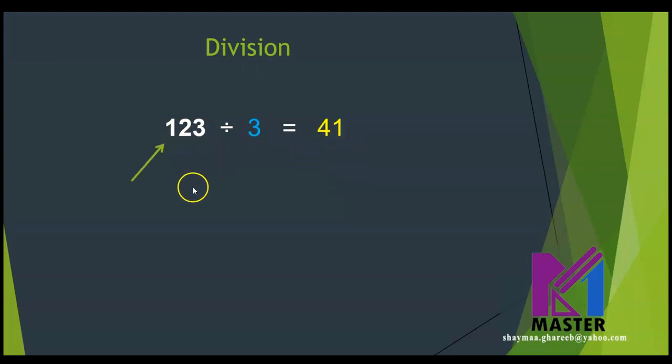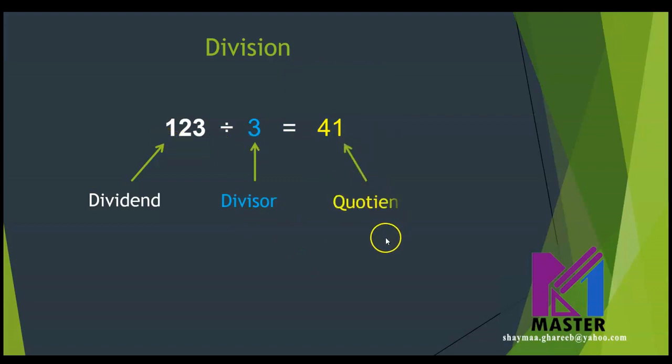So the first part of the division sentence is the first number, which is called dividend, and the number that comes after the division sign, which is called divisor, and the answer of the division sentence, which is called quotient. So the division sentence has dividend, divisor, and quotient. And it's really important to know these parts of the division sentence.